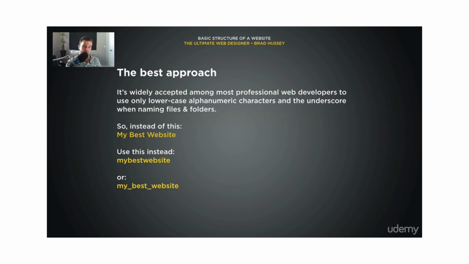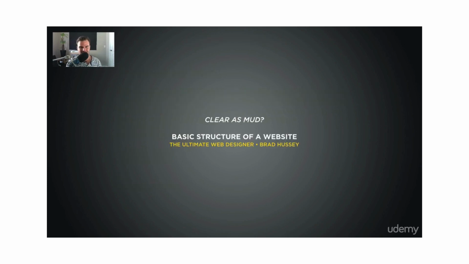So instead of this, My Best Website with a capital at the front of each word and spaces, like normal English, you want to use something like this instead: mybestwebsite, all lowercase, no spaces, or my_best_website, no capitals and underscores in replacement of the spaces. Hopefully that makes sense. Hopefully that was clear as mud, because we're moving on.